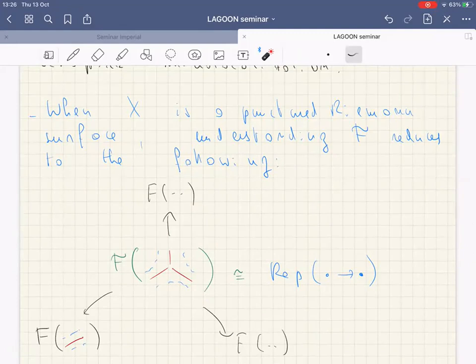Then the local categories are the categories that this sheaf F, the computed Fukaya category, attaches to trivalent vertices. And the claim is that to a trivalent vertex, we attach the category of representations of that quiver, which corresponds to a certain category of constructible sheaves over the real line.